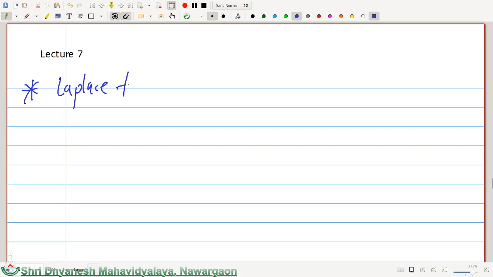Laplace transformation of f of t upon t.